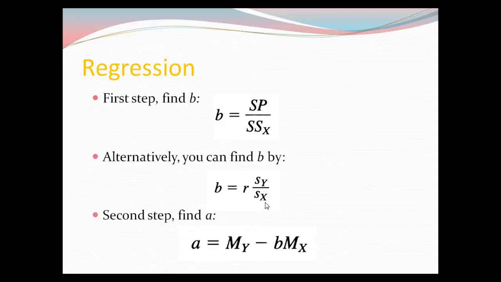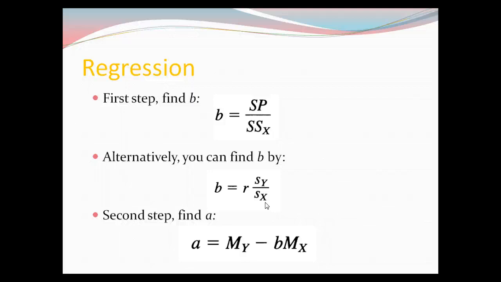Then we find our a. A is the mean of y, or the dependent variable, minus b multiplied by the mean of x, or the independent variable.